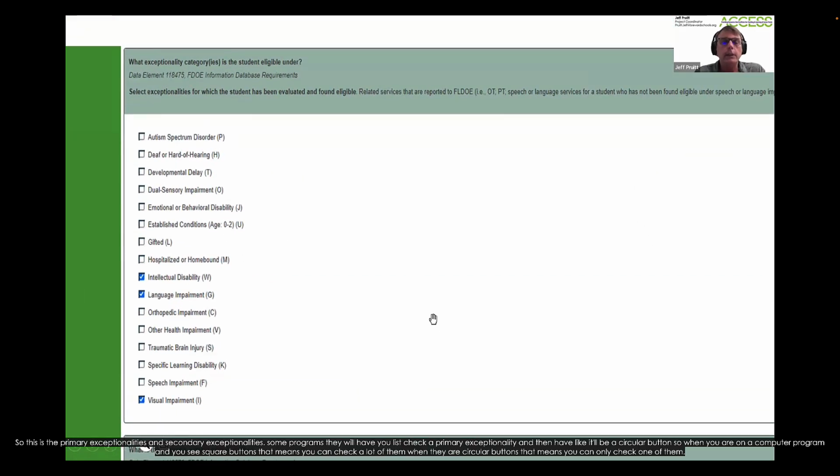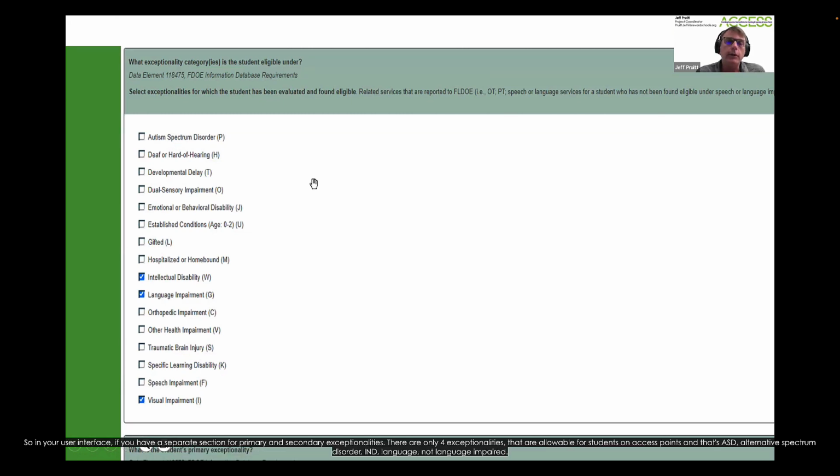So this is the primary exceptionalities and secondary exceptionalities. Some programs will have you list or check a primary exceptionality and then it'll be a circular button. So when you are on a computer program and you see square buttons, that means you can check a lot of them. But when they are circular buttons, that means you can only check one of them.